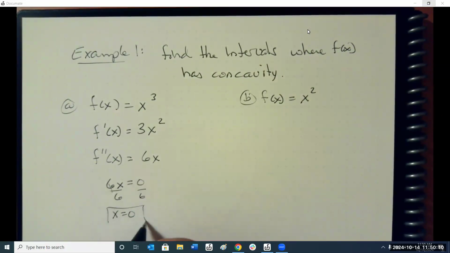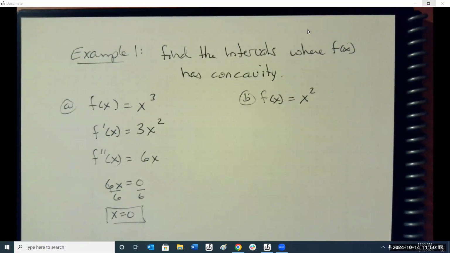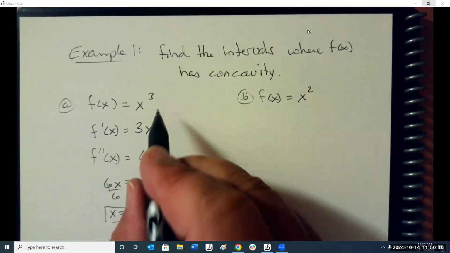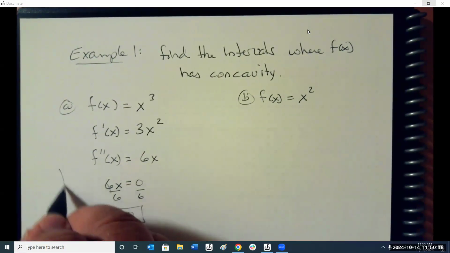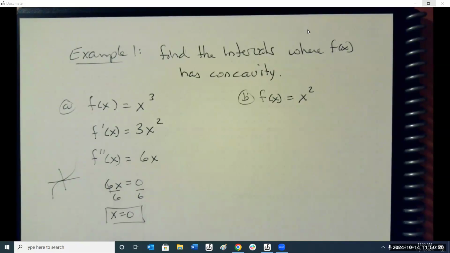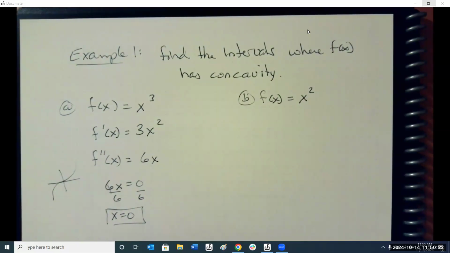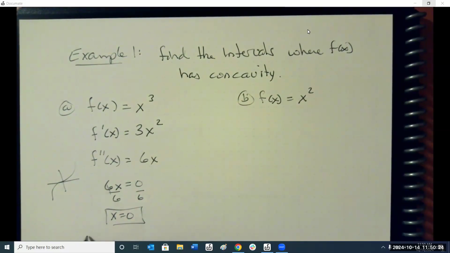So it happens at the origin, because it's a cubic function. That's the one we just had. Let's look at x as -1 and x as +1.